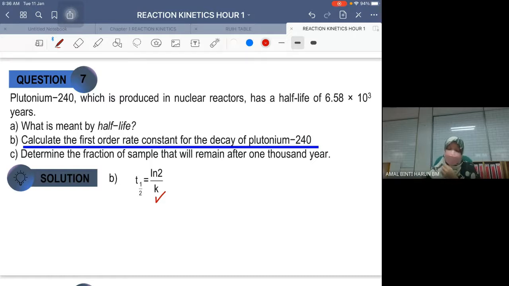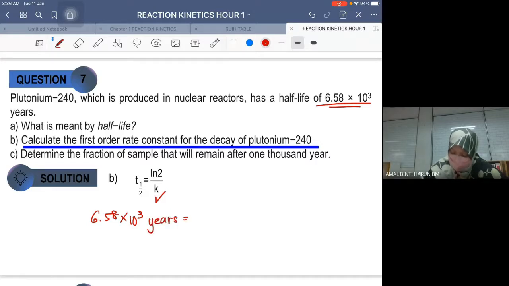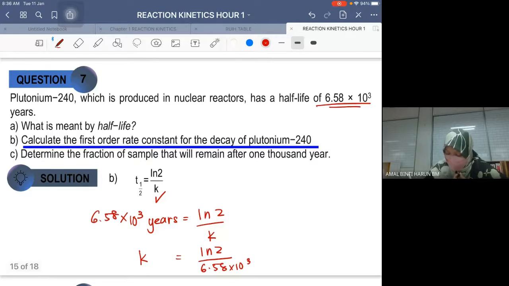So, what is the half-life? Substitute, given the half-life is 6.58 exponent 3 years. Ln 2 over K. So, K equal to, tekan calculator ln 2, divide by this one. So, K dia equal to unit constant bagi first order.